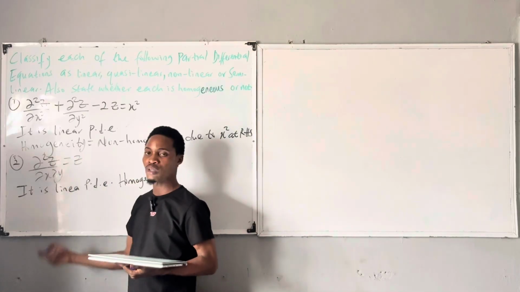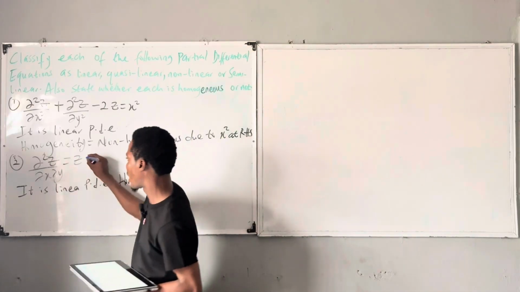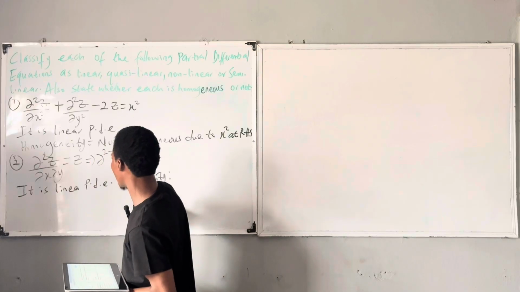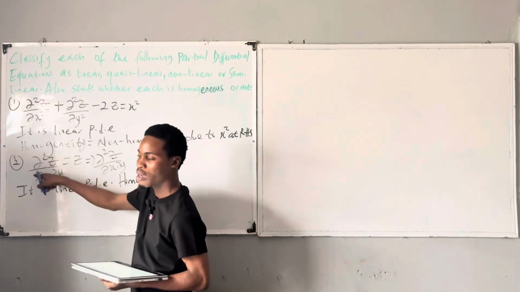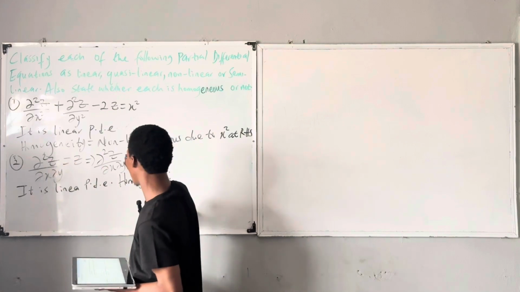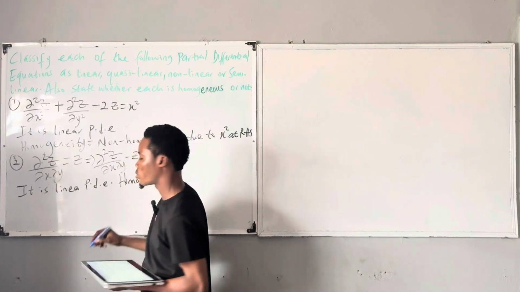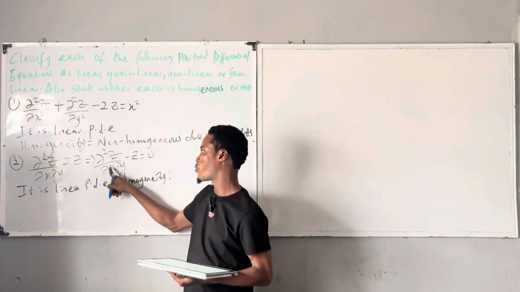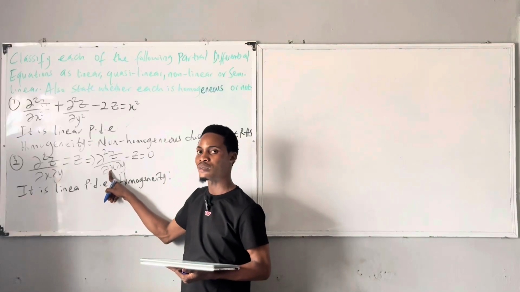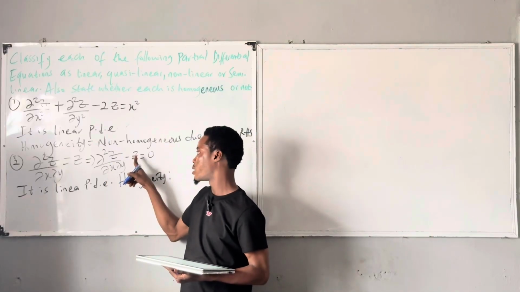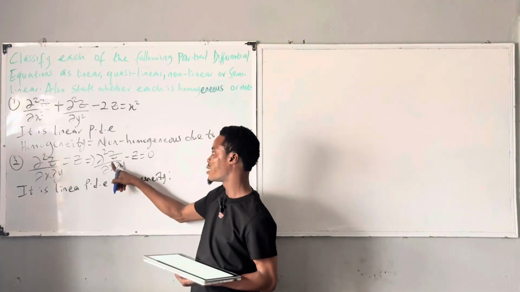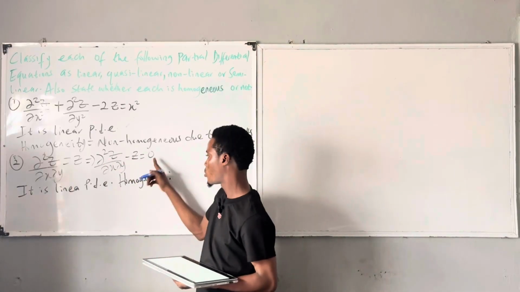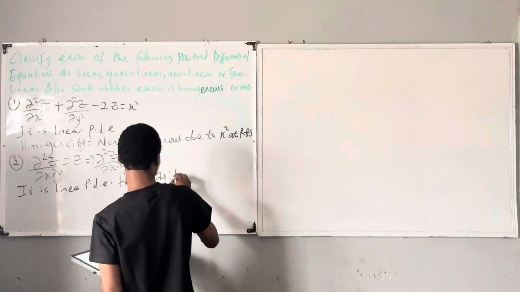Another way I can express this is del square z over del x del y, take minus z to the left hand side, minus z is equal to 0. You can see that the first term has the partial derivative of z and the second one has the dependent variable z. So each term has z, so it is homogeneous.